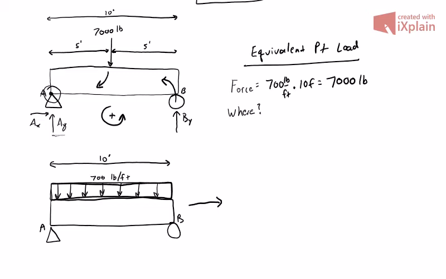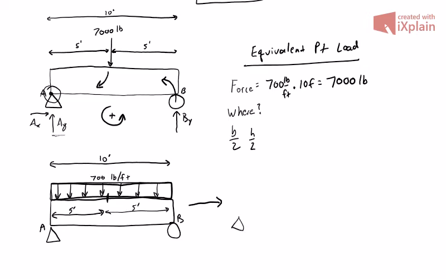Well, it's a uniform distributed load. It's 700 pounds per foot across the whole thing, and that makes a nice little rectangle. If everyone remembers your equations for centroids of rectangles, base and height over 2, right? It means that our equivalent point load is going to be acting in the middle, 5 feet in from either side, because that's what the centroid of that distributed load would be.